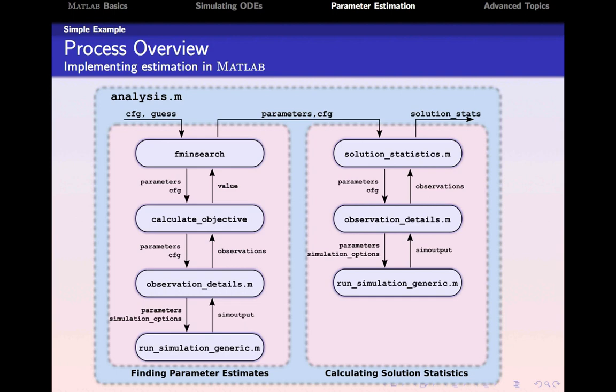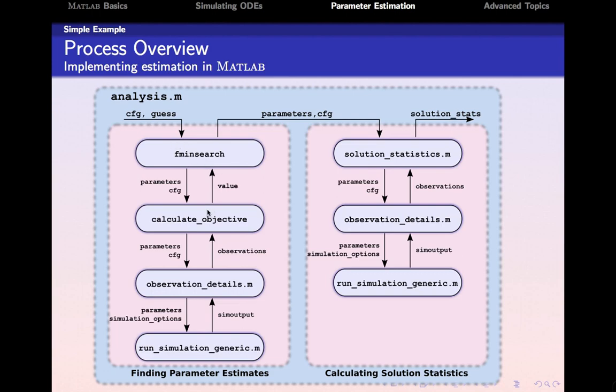The pink boxes here show that the first thing we want to do is find the estimates of our parameters. And then based on those estimates, we're going to calculate the solution statistics about those estimates. What we have here is we're using fminsearch to calculate our parameter estimates.